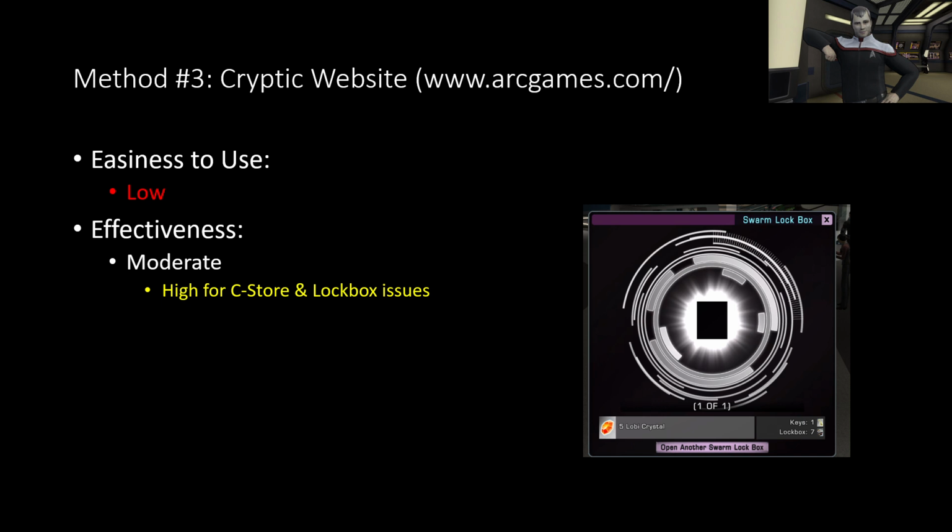They respond to you within 24 hours if you have a direct problem with revenue generation on their end. So for instance, if you are buying stuff with Zen from the C-store, if you're trying to get stuff off the exchange and are having issues, if you're opening a lockbox and nothing is there besides lobby, those are serious issues.